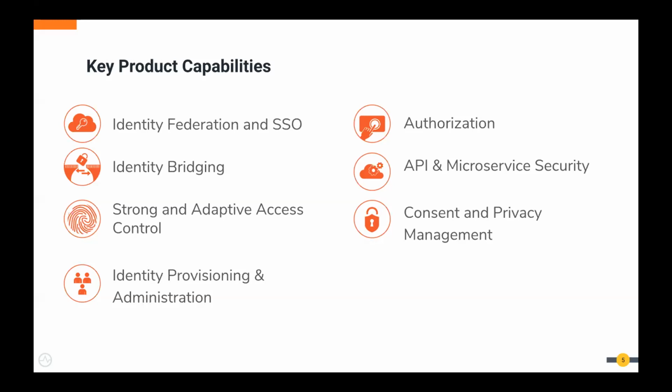This is what we call federated identity management. What this allows you to do is allow your customers or your partners to use their existing identities to gain access to your applications instead of creating duplicate identities in your organization.